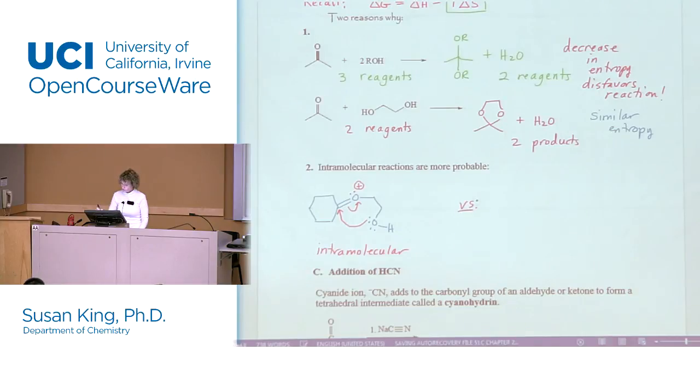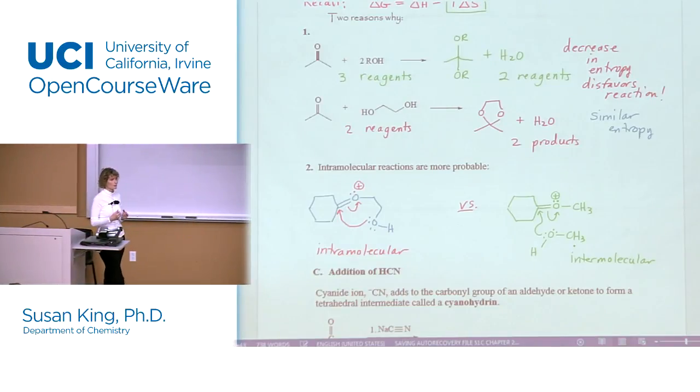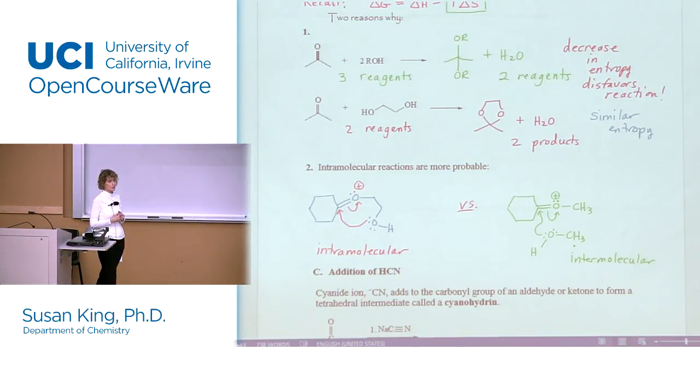And if you compare that to making a non-cyclic acetal, this is what it would look like. If you go through the mechanism, you're going to get the alcohol attacking like this. This would be intermolecular. So in the intermolecular reaction, you have to wait for those two species to collide, to collide with enough energy, and to collide in the right orientation.